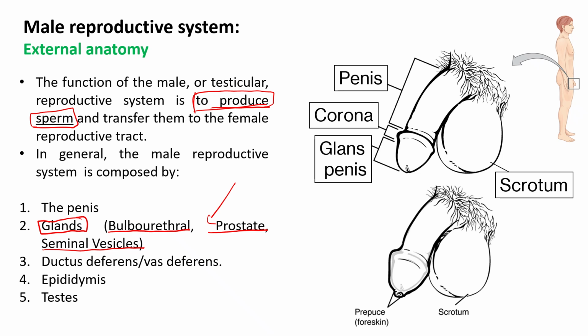Also, we have a collection of ducts, or a ducting system, which is composed of the ductus deferens or vas deferens. This is the longest one. This basically is just a tube that goes from the testicles all the way to the ejaculatory duct, which is a different duct that we're going to learn later. Epididymis and two testicles or testes.